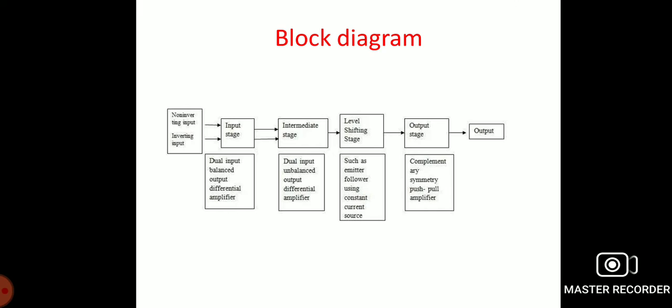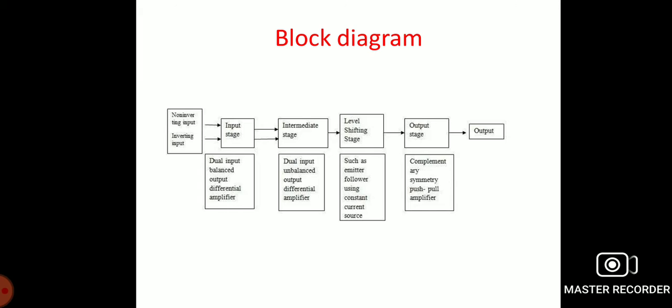The input of the level shifting stage is an amplified signal which has some non-zero DC level. The level shifting stage is used to bring the DC level to 0 volts with respect to the ground. The output stage increases the current supplying capability of an op-amp, and also provides low output resistance.